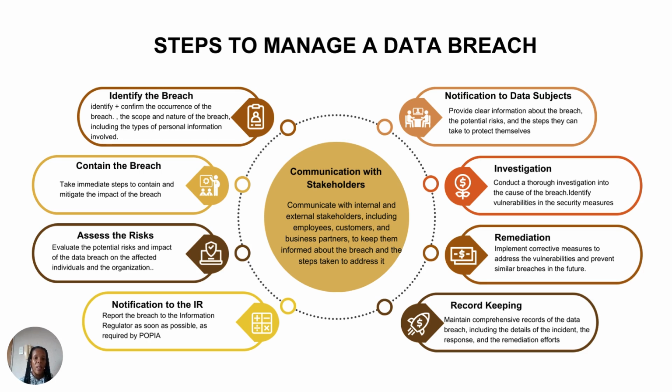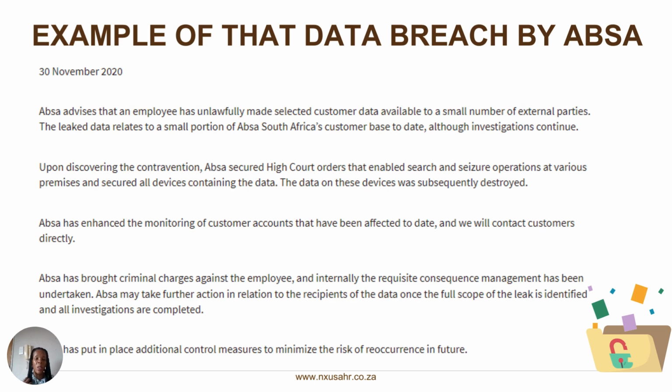You need to communicate with internal and external stakeholders, meaning you communicate with your employees, your customers, and business partners, and you keep them informed about the breach and the steps that you have taken to address it. Okay. So in order to actually make it practical, let's go through the data breach that was suffered by ABSA in 2020.